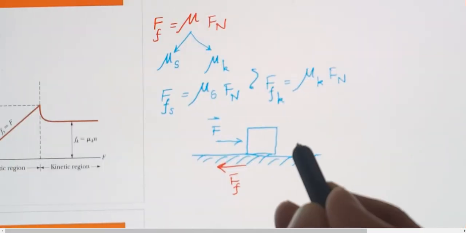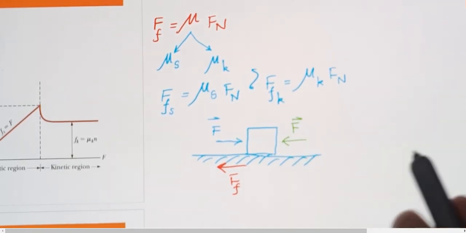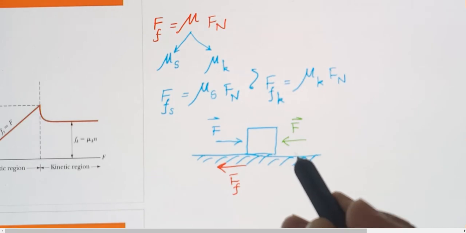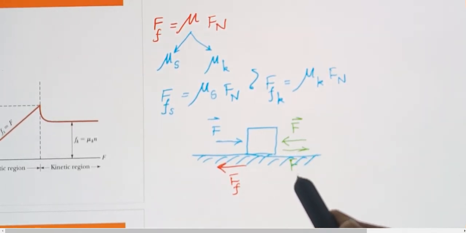Suppose that I apply a force right to left. Then where is the force of friction? It will be in the opposite direction. So always the force of friction is opposing the motion. That's one.